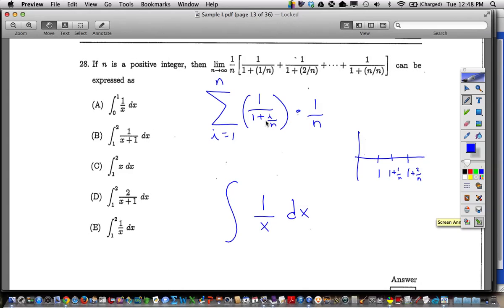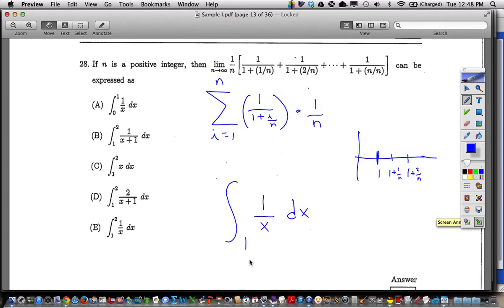Now you look at these. Now again, you got 1 plus, so some people might think of the x just being there, and that's a shift. 1 plus x, that'd be a shift to the left, okay? And so you gotta look for that. But if I didn't have these choices over here, I would have called the bottom stuff the x. This is the width, the dx, and then I would look over here on my little x-axis and I would say, okay, the first one is 1 plus 1 over n. Now my width is 1 over n, so that's 1 width over for my left edge.